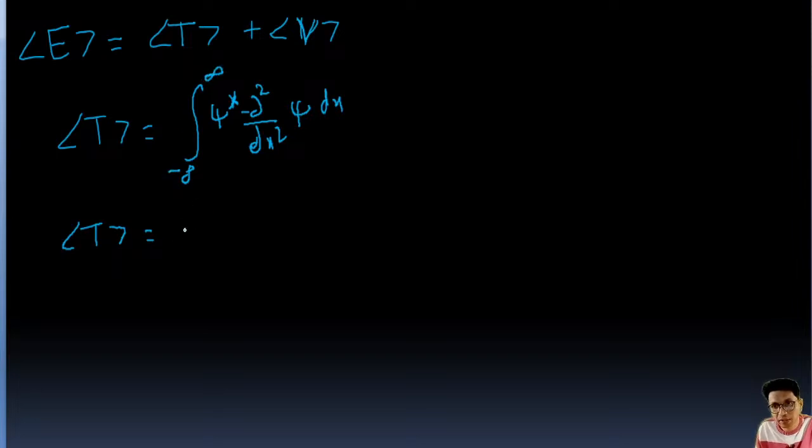The value of psi star is the same because there is no negative term, so it is going to be A e to the power minus bx square, like this, right?